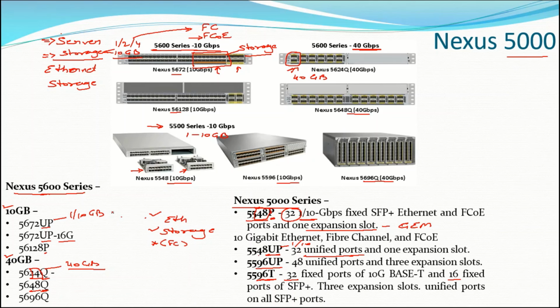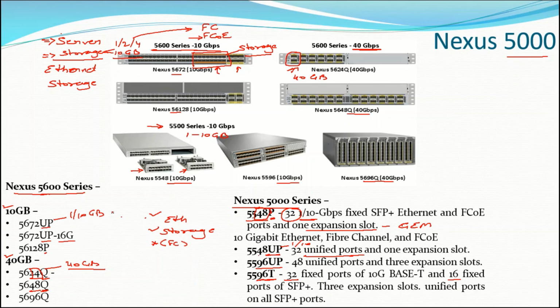Another important point: for the Nexus 7000 series switches, Cisco has stopped production. Now they are not going to manufacture more 7000 series switches, because they are now focusing on 9000 series switches and bringing the leaf and spine topology into the picture, because it has a lot of advantages compared to the 3-tier architecture of core, distribution, and access layer.